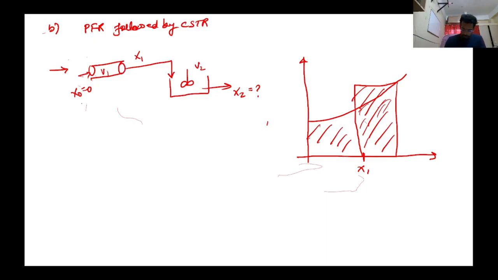In the first question we calculated that X1, the exit of the PFR, comes to 0.9179.